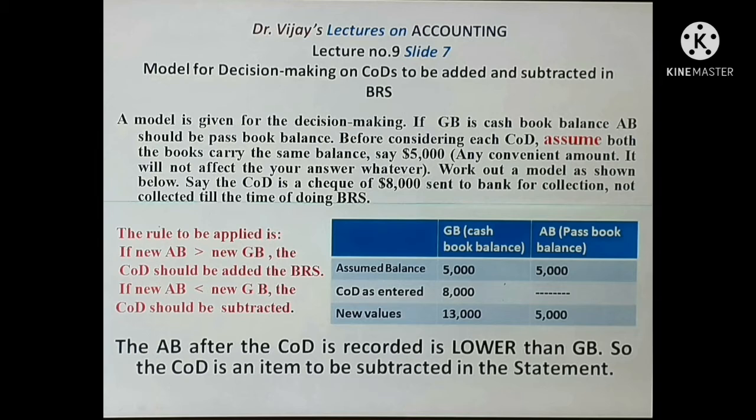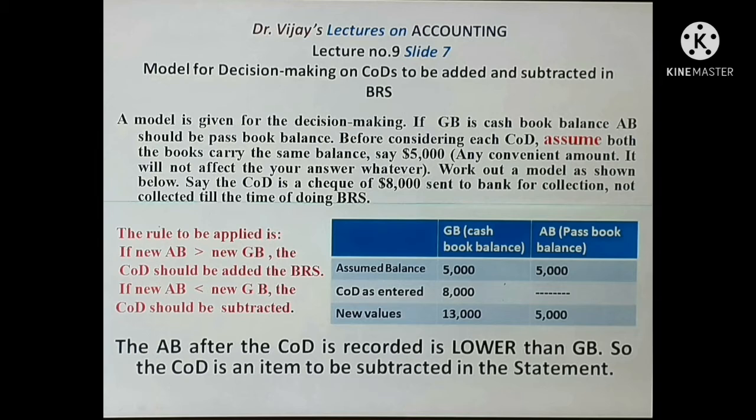Now look at the rule. If the new arrived balance is greater than new given balance, that cause of difference is an item to be added in the BRS. If the new arrived balance is a lower value than new given balance, then that item is to be subtracted.